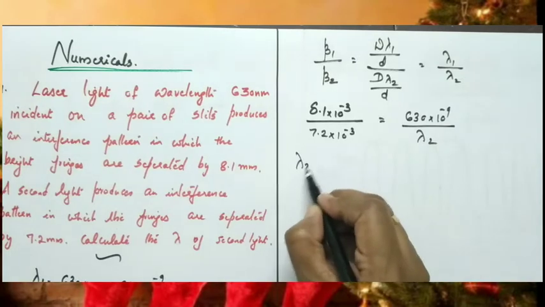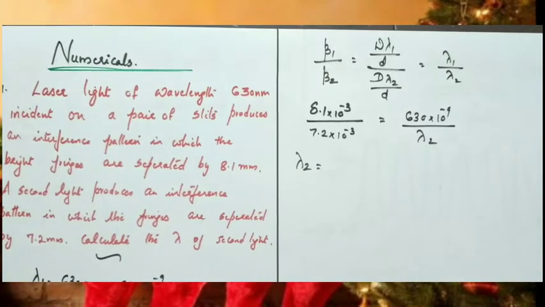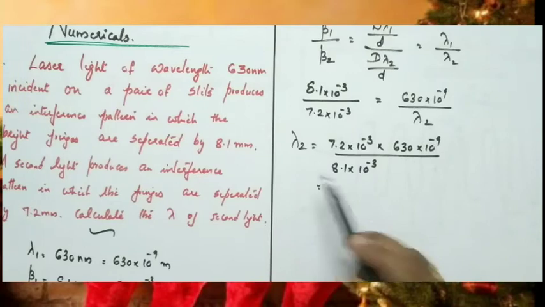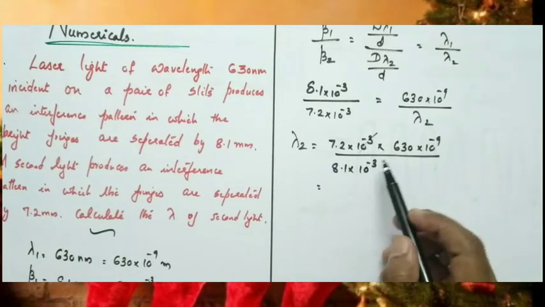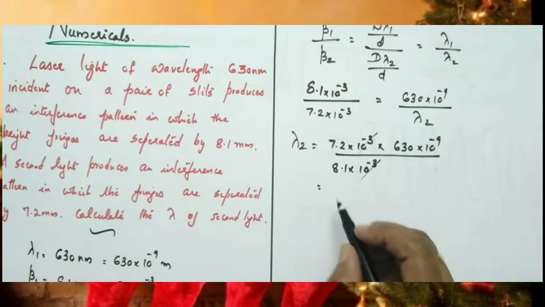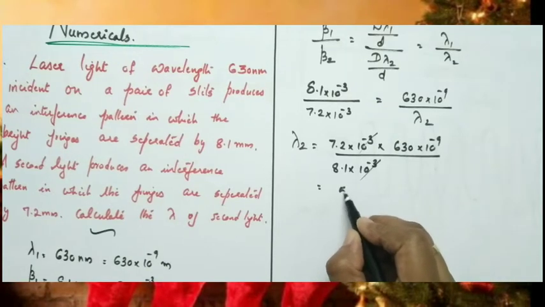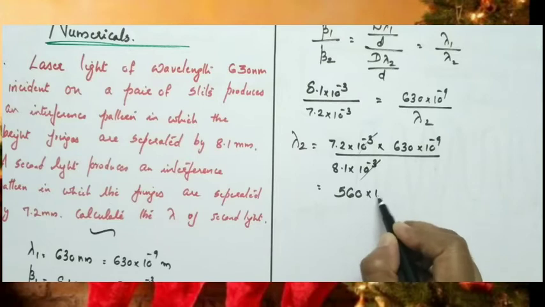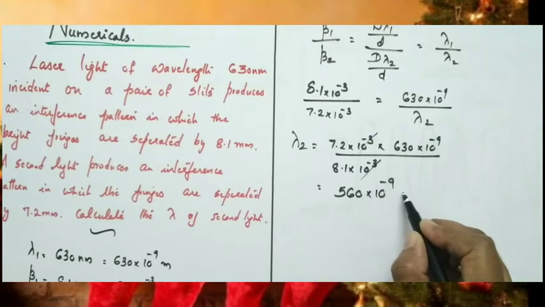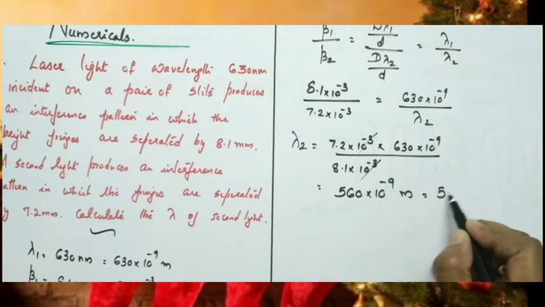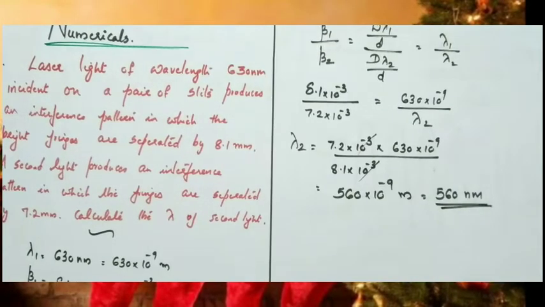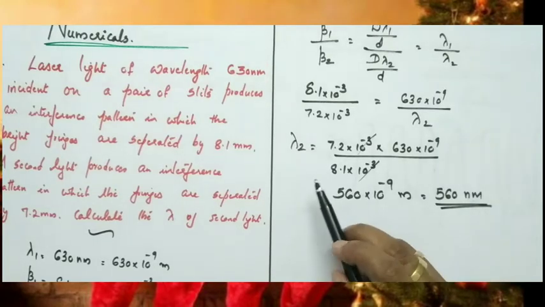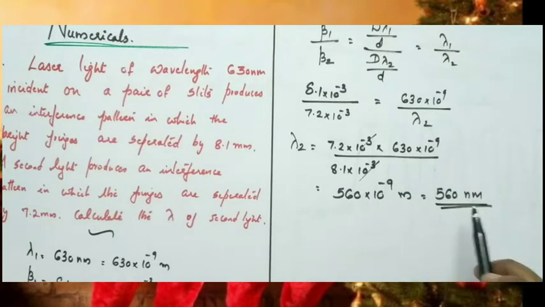After simplification, 10 raised to minus 3 and 10 raised to minus 3 get cancelled, and we will get 560 into 10 raised to minus 9 meter, or 560 nanometer. So the wavelength of the second light is 560 nanometer.